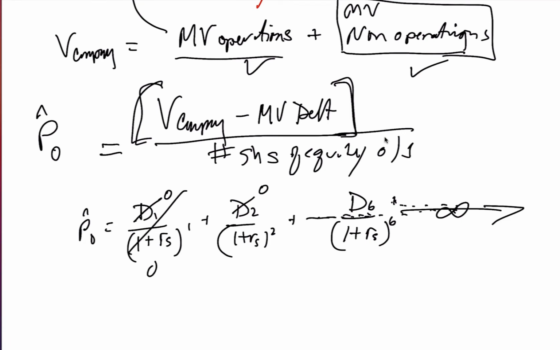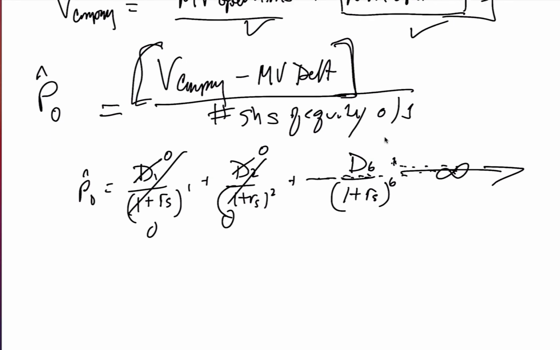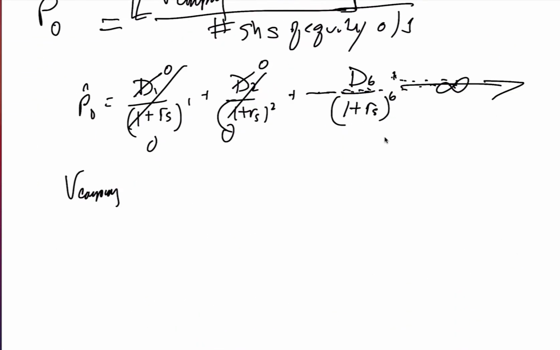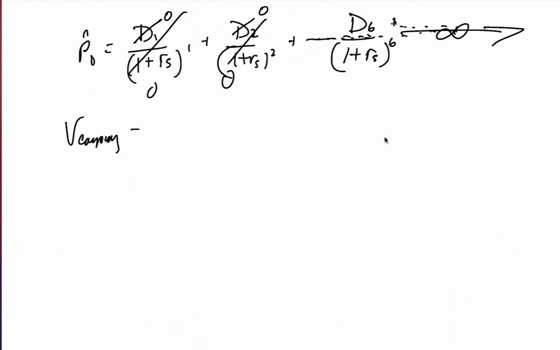Just that these guys are all zero initially. That's how you would value a stock using the dividend discount model, even though the company doesn't pay a dividend right now. Well, with the free cash flow model, we're going to value the company, okay, meaning the asset side of the balance sheet initially, by the same type of method.